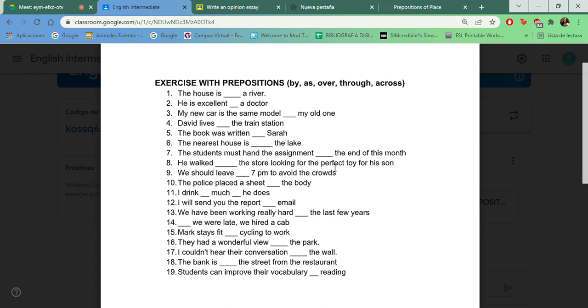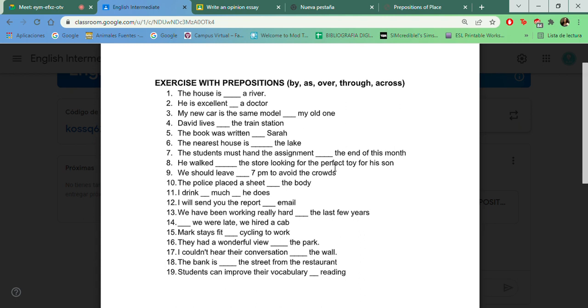I couldn't hear the conversation through the wall. One is across the street. Ah, yes, you can use across from the restaurant.